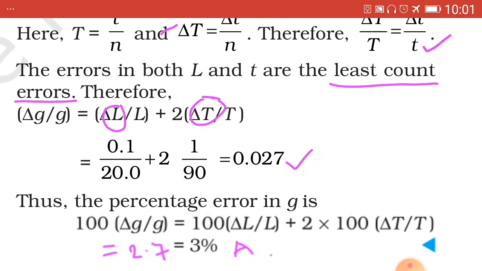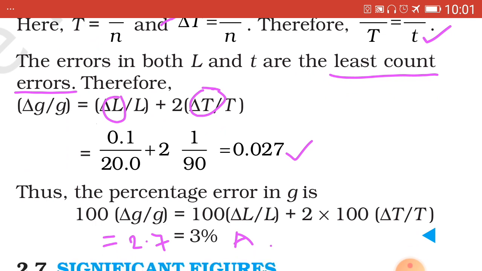So plus 2 into 1 upon 90, which on simplification leads to 0.027, which has been tick marked. Hence the percentage error in g, that is gravitational acceleration, small g, is in short 0.027 multiplied by 100, which will be equal to 2.7.